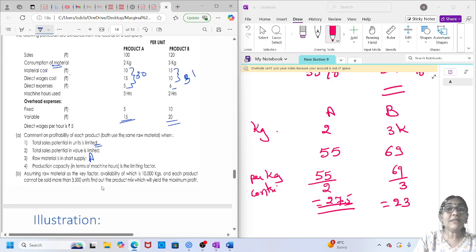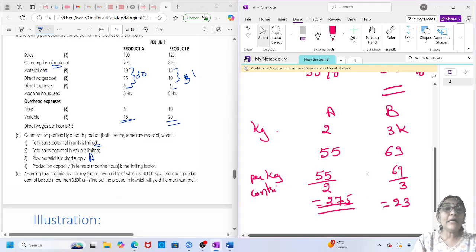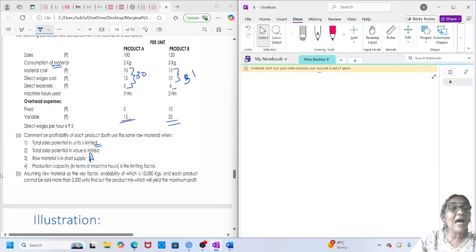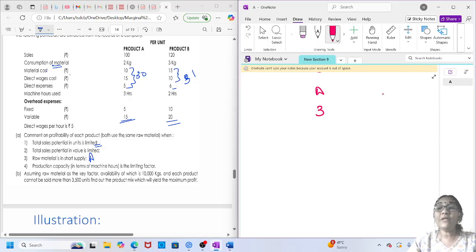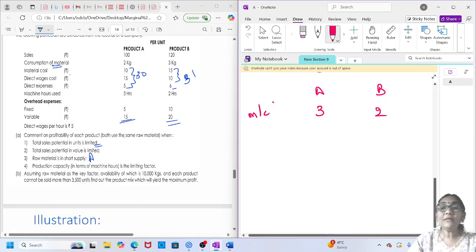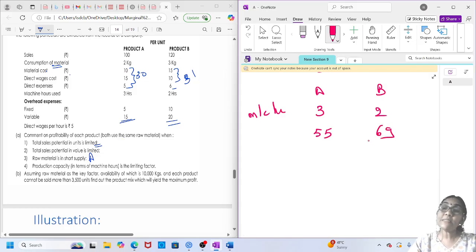Now limiting factor is where there is a shortage of that particular resource. So in that case, if the labor hours or the machine hours is a limiting factor, right? How many machine hours are required? Again, for A you require 3, for B you require 2 hours, machine hours. Contribution earned here is 55, here it is 69.